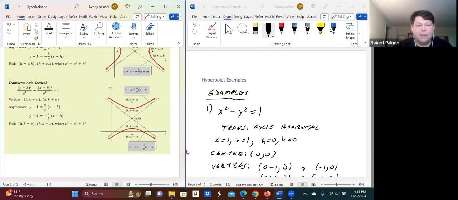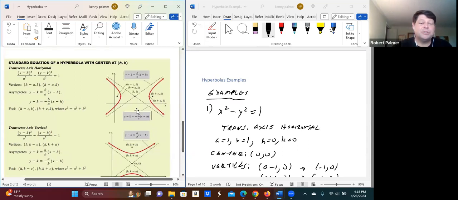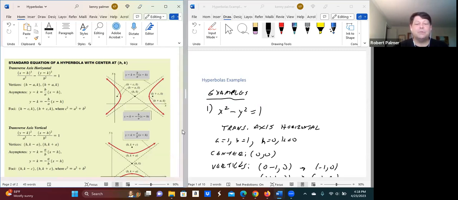Also, I may not have said it specifically, but your center is the center of the graph. It's not actually on the graph itself. Your vertices are the points closest to that center, and then your foci are on the outside of the curve, and they work similarly to a focus with a parabola.